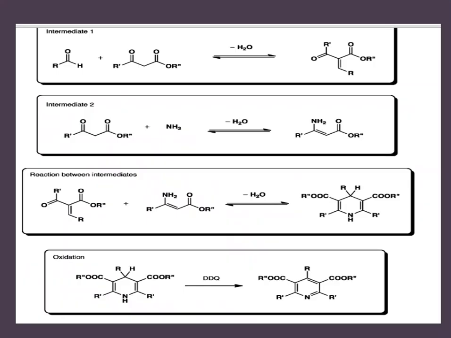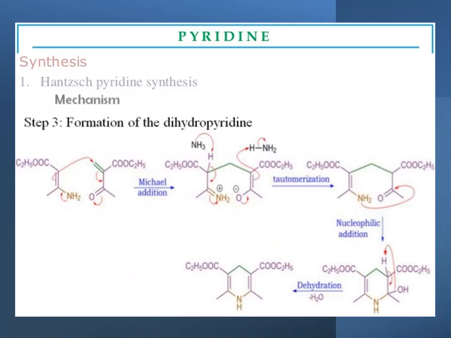Now let's go for the third step. The third step is formation of dihydropyridine. The first two reactants will condense by Michael addition. Your double bond attacks the double bond.